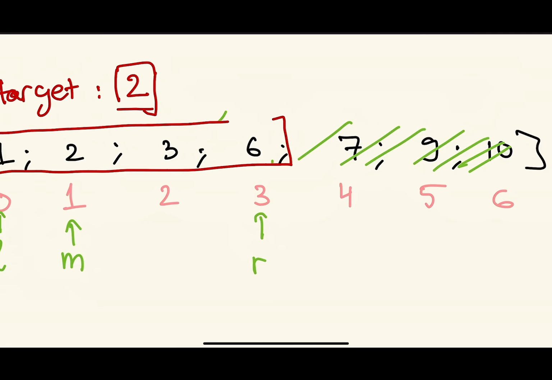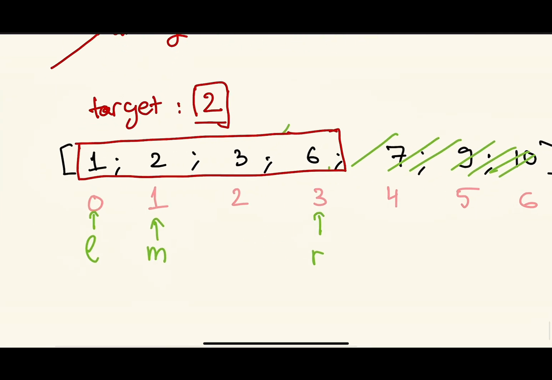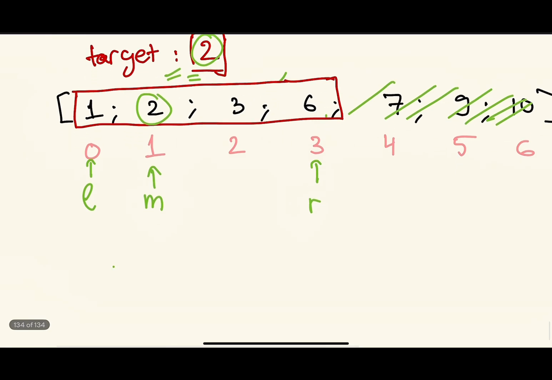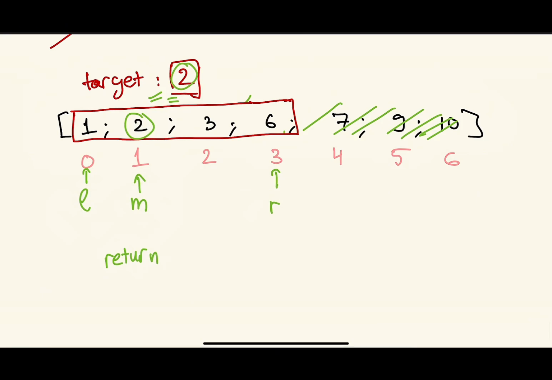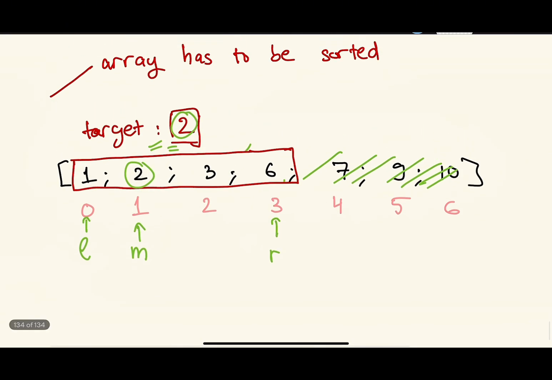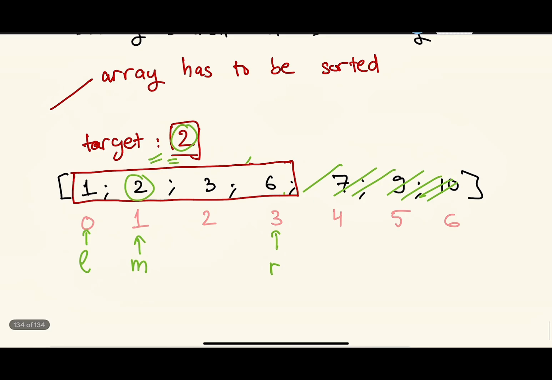Because you need to compare the 2 with the 2 here, obviously they are equal to each other, so you can easily return true, because you have already found the number. So that is the approach for binary search on a 1D array.